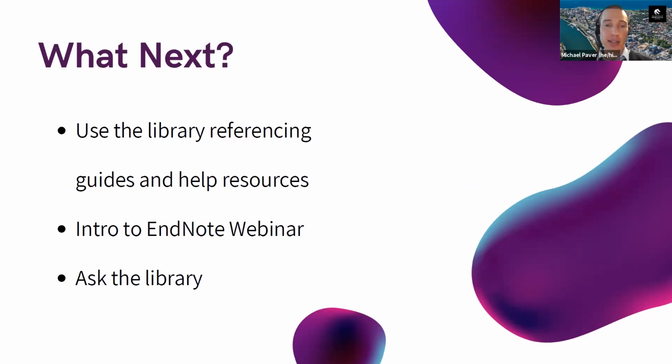If you're interested in EndNote, join the webinar. And of course, you can always get in touch with us. You can ask questions about referencing. We're here to support you doing that. You can use the Book a Librarian service where someone will sit down with you. And if you have questions about referencing, we can work through that. So there's always ways you can get in touch with us and ask those referencing questions.